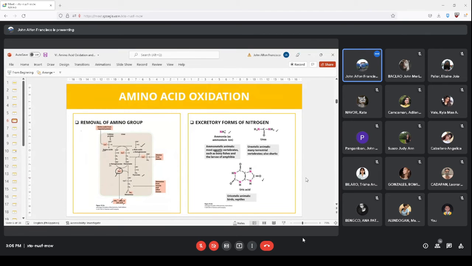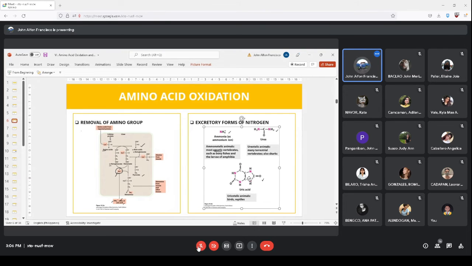And this is just formed in order to conserve water, because we know that urea is a very water-soluble organic compound, so uric acid is the one chosen to be formed. There are also diseases where uric acid is insoluble. You may be familiar with the condition where the joints hurt, and you are told that your uric acid is high.